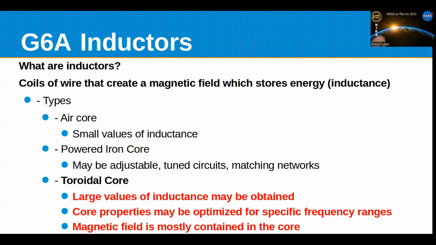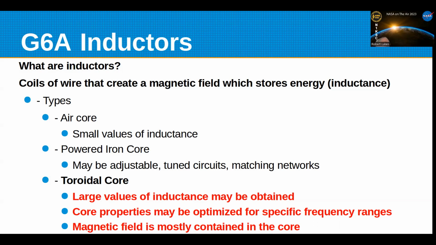We have air core, which gives very small values of inductance, typically used for very high frequency applications where the other core materials won't operate at those frequencies. You used to see a lot of powdered iron core inductors used in radios, in the IF strips, and you could actually tune them by screwing the powdered iron core up and down inside the little transformer core.